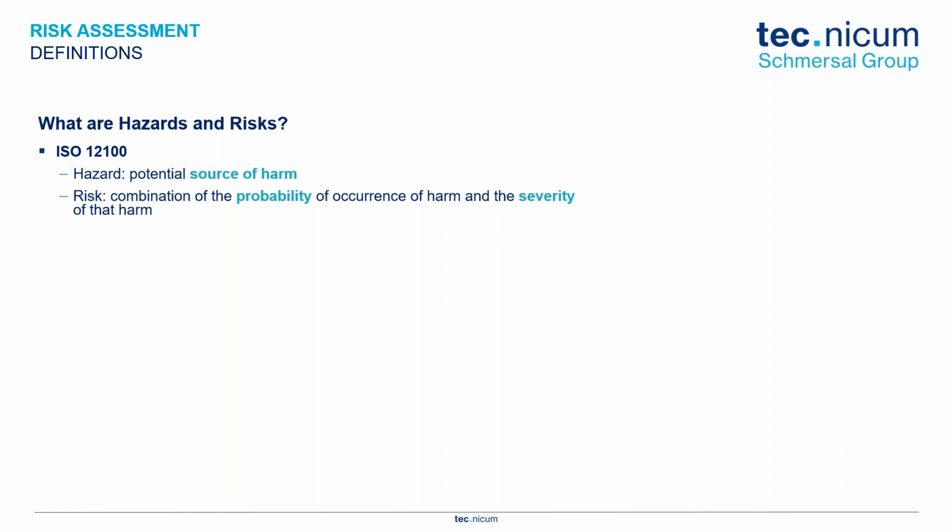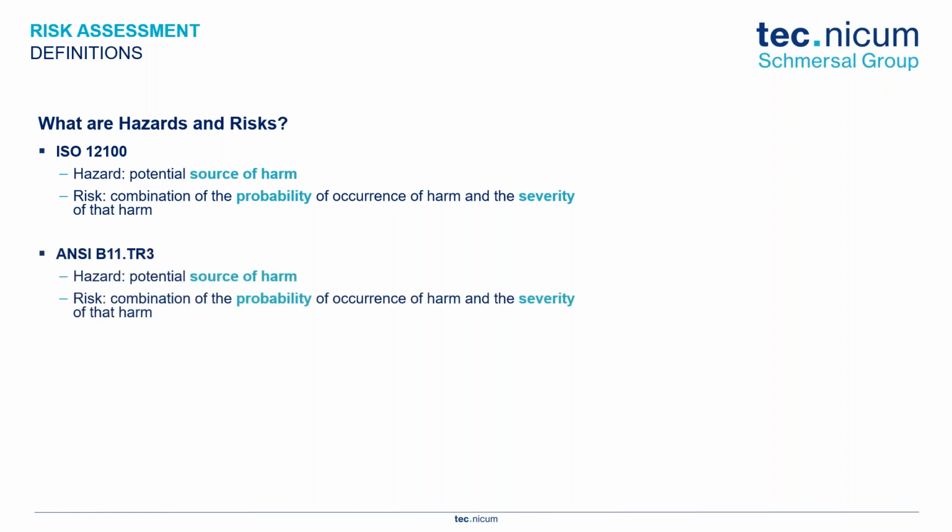The risk is the combination of the probability of occurrence of harm and the severity of that harm. I'm going to list all the definitions, and then we're going to dive into this a little deeper. As we see within this technical report, the definitions are exactly the same. Hazards and risks are defined exactly the same.